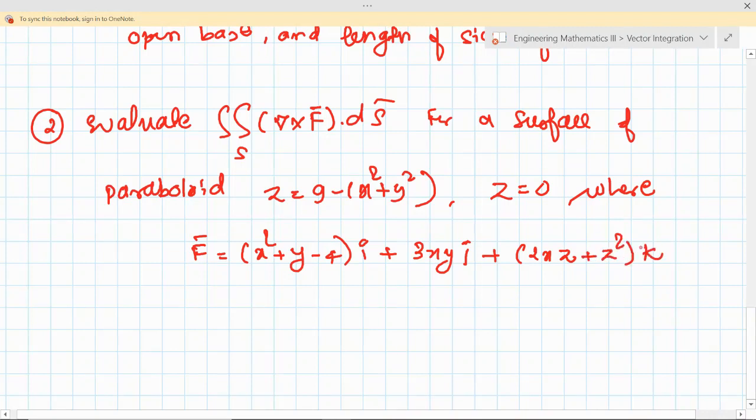Okay, just try to solve this. These are very simple examples.